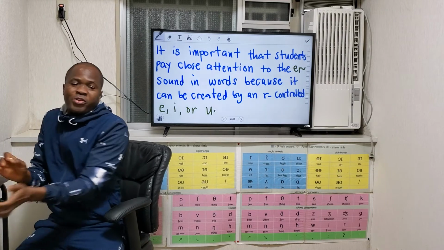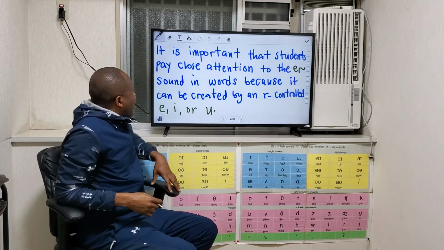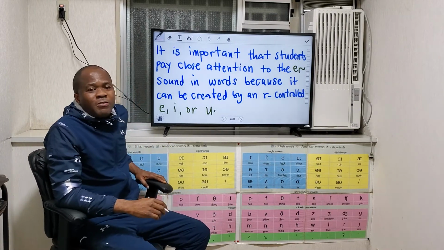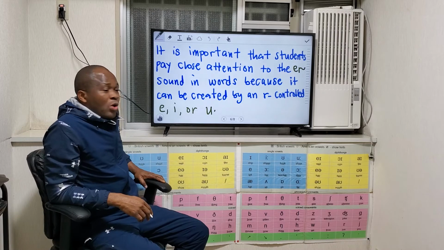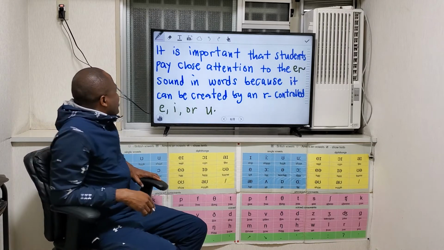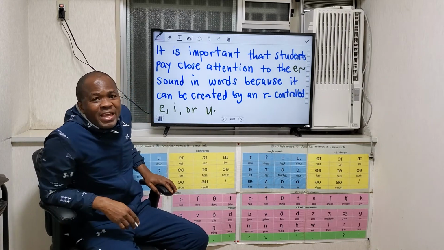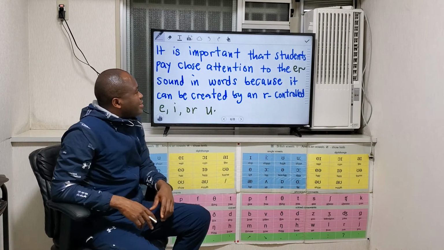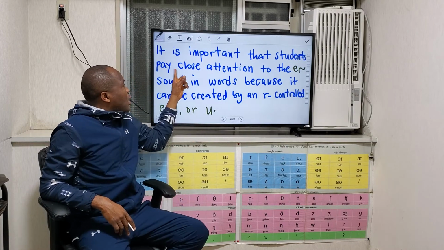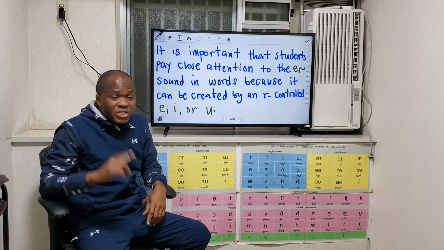So this is very, very interesting about how the R is able to change the vowel sound, A into R, and O into O, and also E. It is important that students pay close attention to the ER.